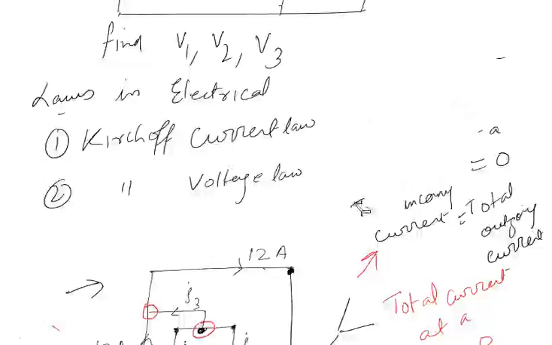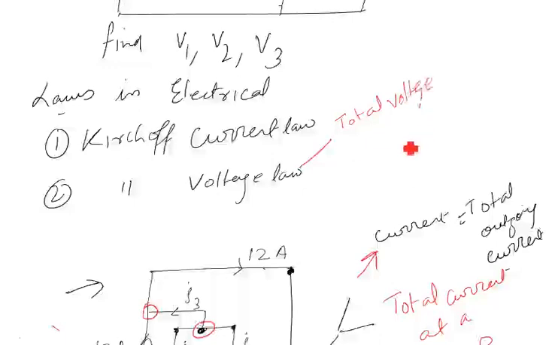So Kirchhoff voltage law tells that total voltage, that means the sum of all the voltages in a loop, is 0. In the previous one we found what a node is.